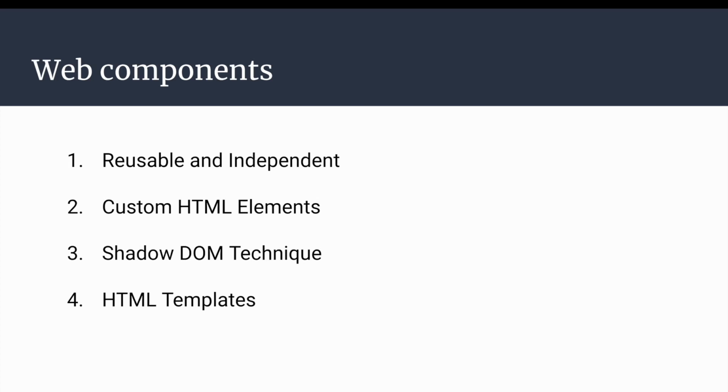Later on, we'll go into the Angular usage of web components, where we will develop our components in Angular and integrate those web components into React and try to render the content. So this is how the web component series will be, and this gives you a roadmap of how the series will go on. The next video will continue with creating custom HTML elements, followed by shadow DOM, followed by HTML templates.